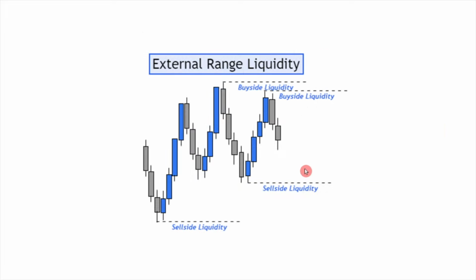On the other hand, external range liquidity exists at significant turning points in the market: the major swing highs and the major swing lows. These areas hold clusters of buy side or sell side liquidity created by stop losses and breakout traders positioned above highs or below lows.